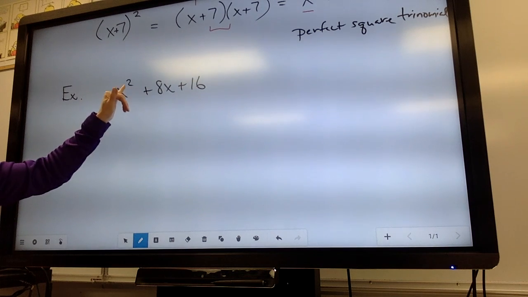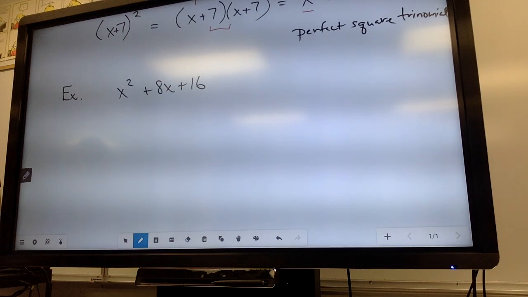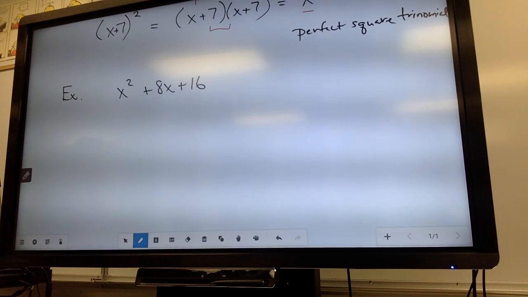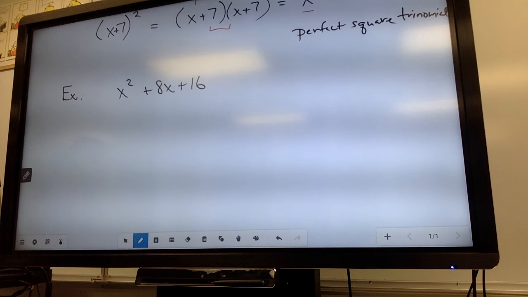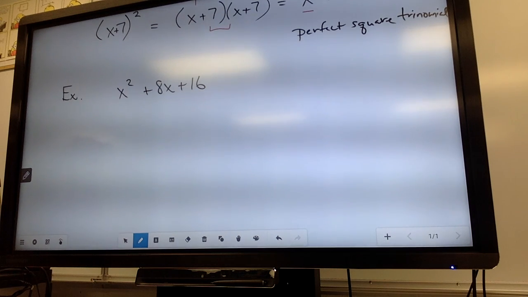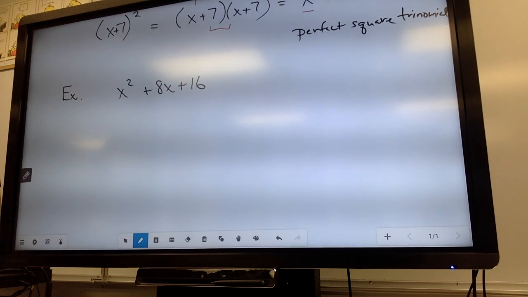The first term, x to the second power, is a perfect square. And any variable raised to an even power is a perfect square. X to the 4th power, x to the 8th power, x to the 6th power. If it's raised to an even power, it's a perfect square. We're just going to work with x to the 2nd, however.